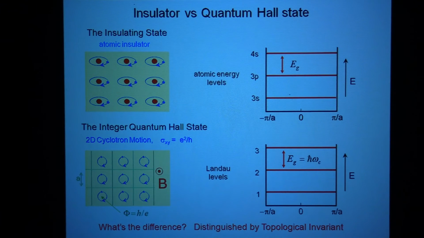That allows one to think of this as a band structure, which is just as good a band structure as this. What you get are Landau levels coming from this cyclotron motion, but it looks like a band structure. The two look the same. If you just looked at the energy levels, you wouldn't be able to tell the difference between them.